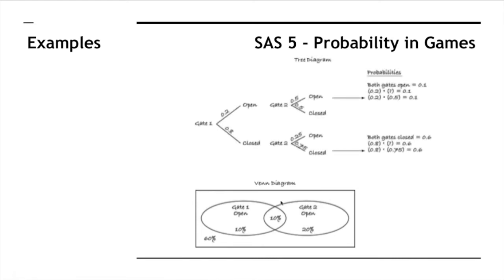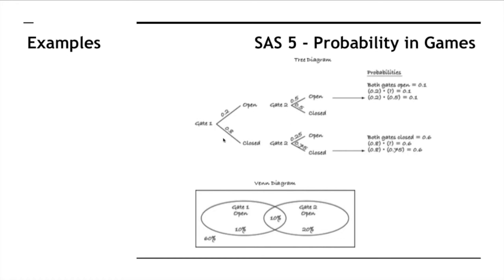How about the tree diagram? Gate 1 is open. You have to go through it first to get to gate 2, 20% of the time, right? So if it's open, we'll go to gate 2, and it's open and closed half of the time, right? Is that true? I believe so.